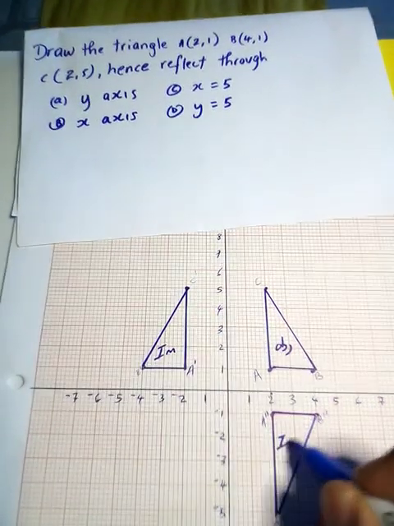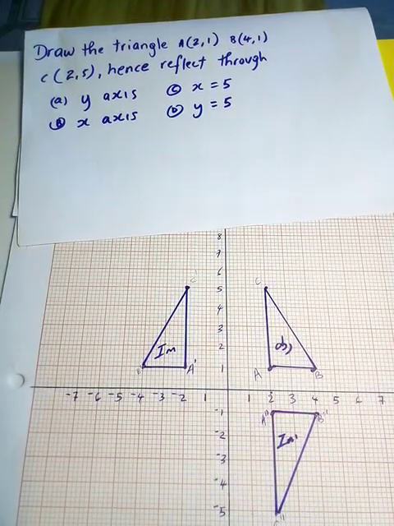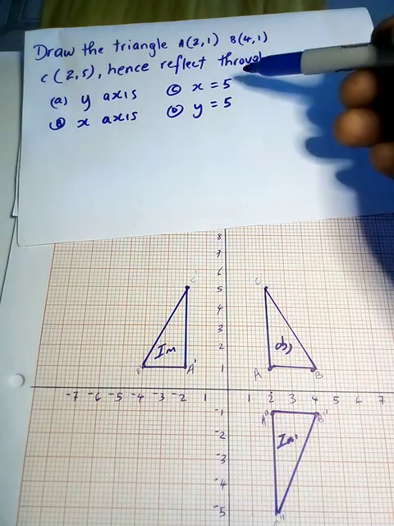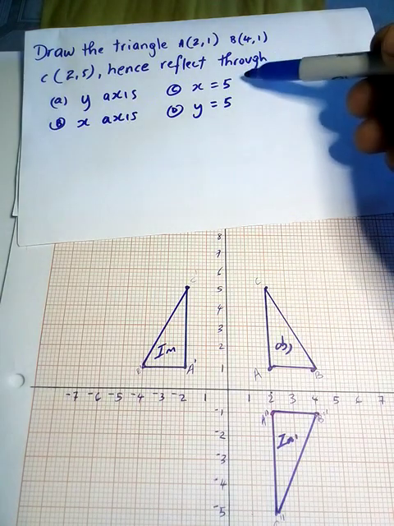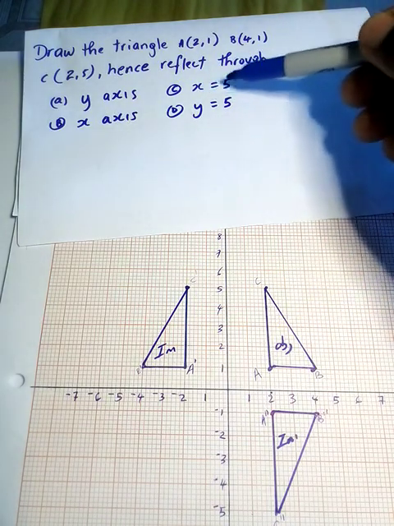So this is image 2, which is reflection through the x-axis. As simple as that. So remember, you can use the rule that is given, or you can simply just count the spaces.